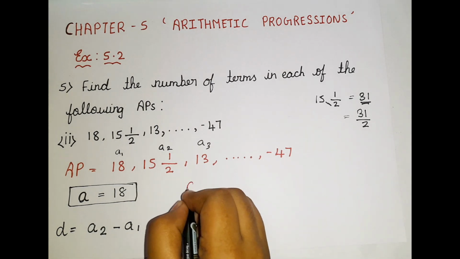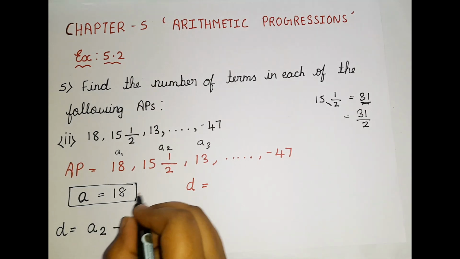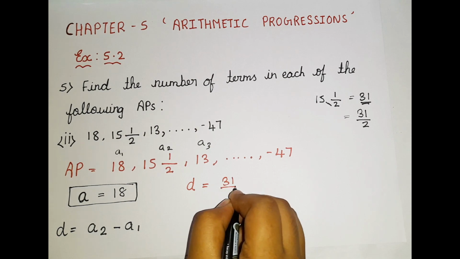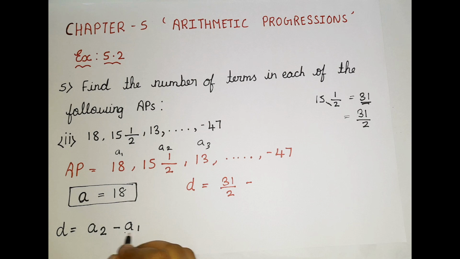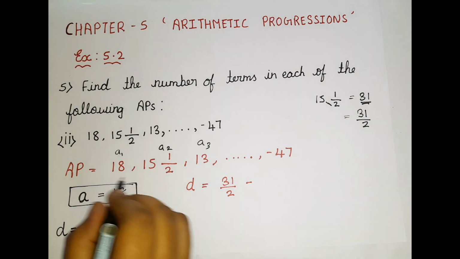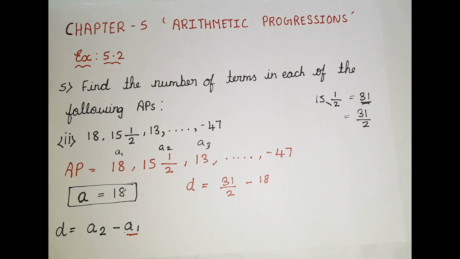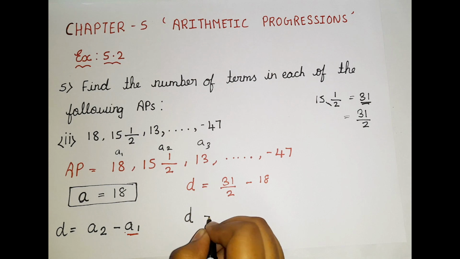I'll find the common difference here. What is A2? A2, when we solved it, we got 31 divided by 2. And then we subtract A1 from it. A1 value is 18. Now we can see we are supposed to take the LCM.